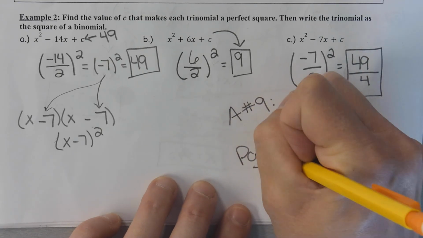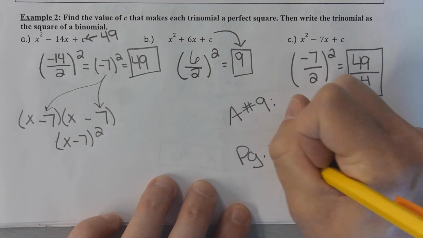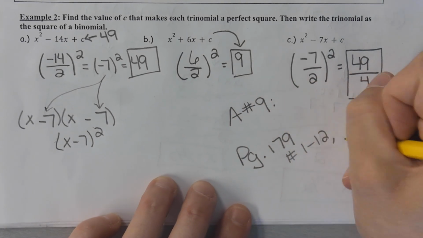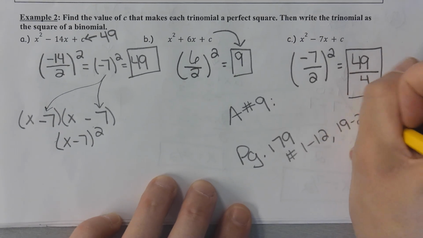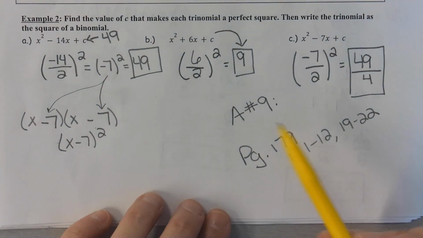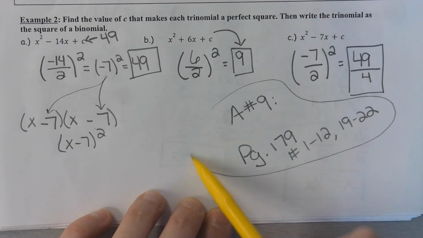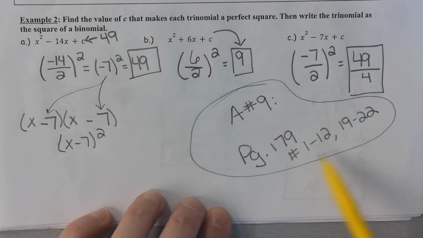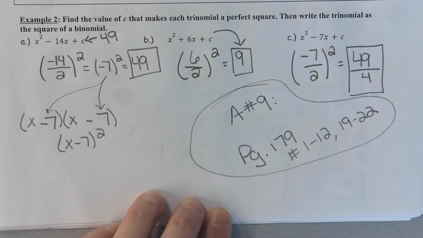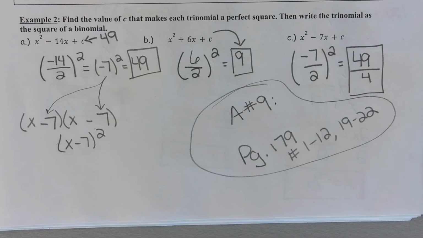Page 179, numbers 1 to 12 and 19 to 22. The first chunk of problems that you do tonight should be this top part, the completing the square and solving, and then the second part I believe are going to be the ones where you find the C value.